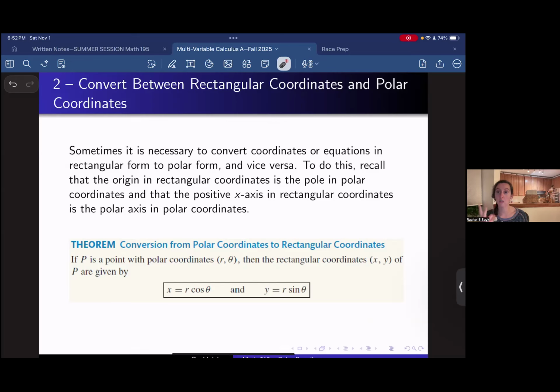So our third objective is going from polar to rectangular coordinate form. In order to do this, it's important to know that our x and y values in rectangular coordinates are the same as our r cosine theta and our r sine theta.